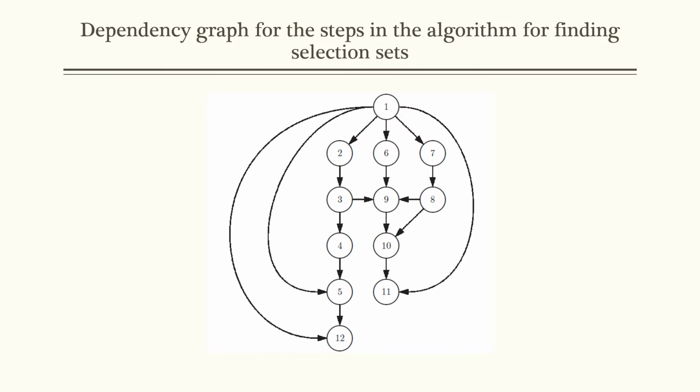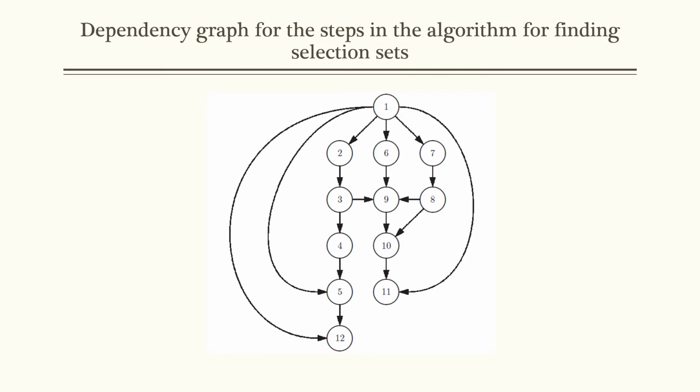In order to do the operations in step number 9, we need information from step number 3, from step number 6, and from step number 8. So this is what this dependency graph is all about.